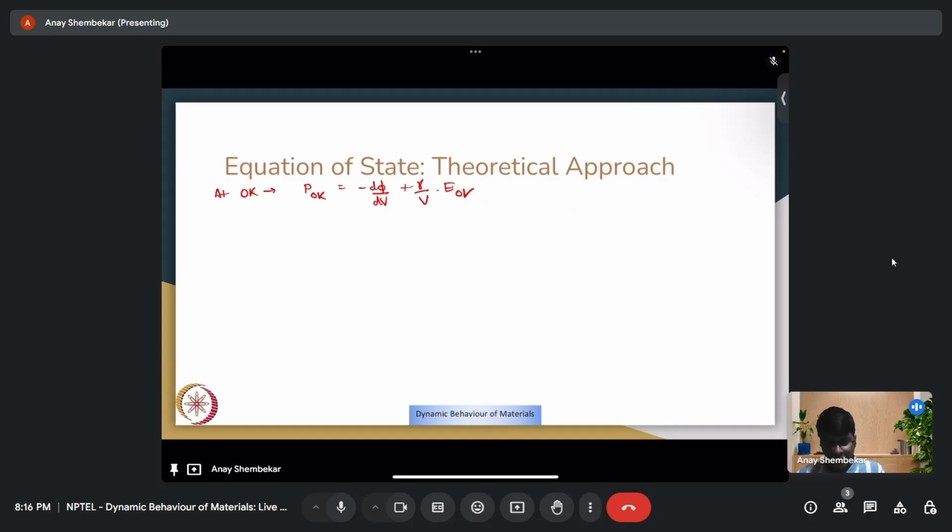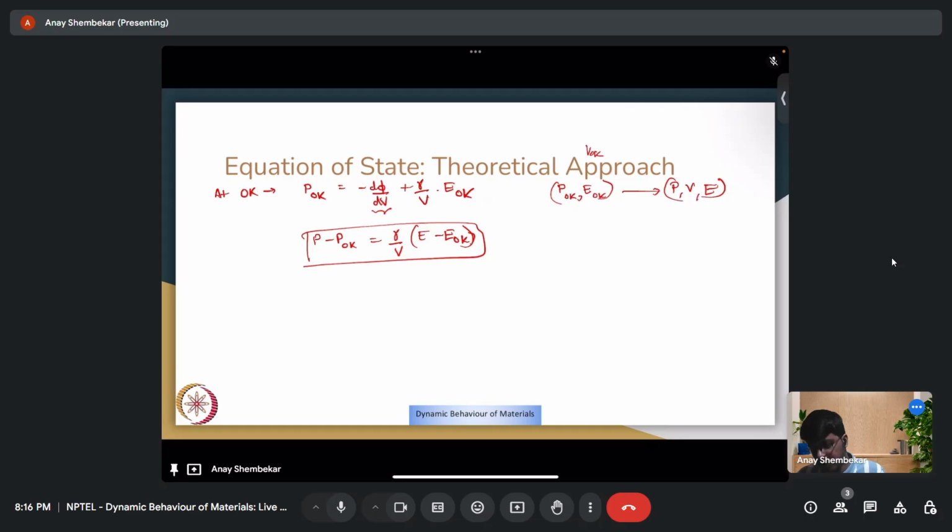This equation we extended to a different state. So you go from P at 0 Kelvin, E at 0 Kelvin, and there will be some V at 0 Kelvin also associated with it. And if we now extend this equation to another state with values P, V, and E, we see that this d phi by dV term can be constant. So you have P minus P at 0 Kelvin equals gamma by V times E minus E at 0 Kelvin.